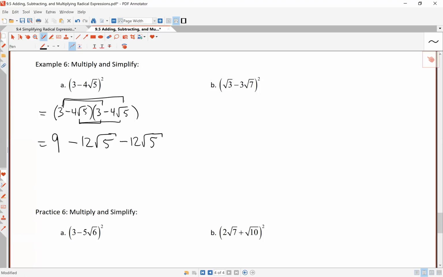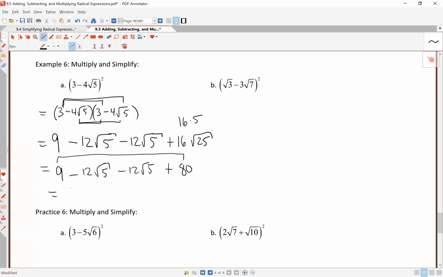And then we have minus 4 root 5 times minus 4 root 5, which is a plus. 4 times 4 is 16, and root 5 times root 5 is root 25. So that's going to give us 16 times 5, which is 80. And so this gives us 89 minus 24 square root of 5.